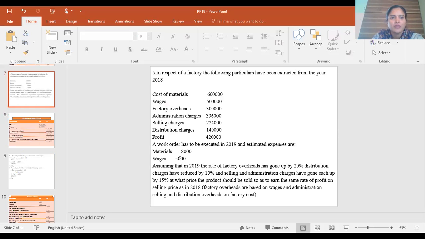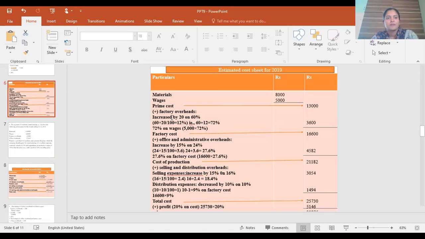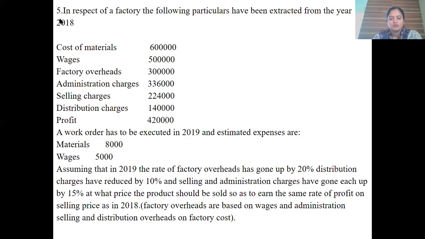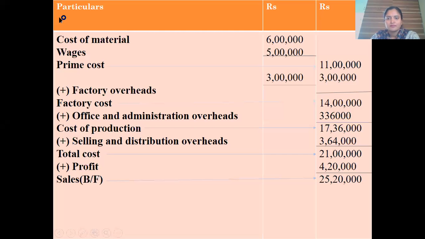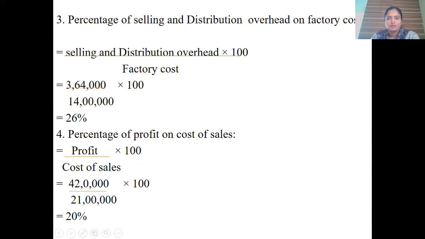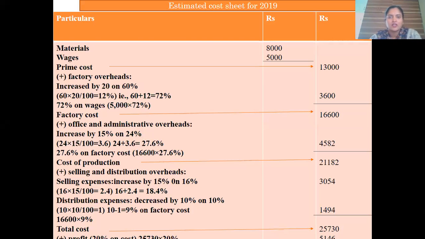Okay, now we are taking the same here. Materials 8,000 and the wages 5,000 you have taken. The total is how much you have got? The total is 13,000 we have got for an estimated cost sheet.